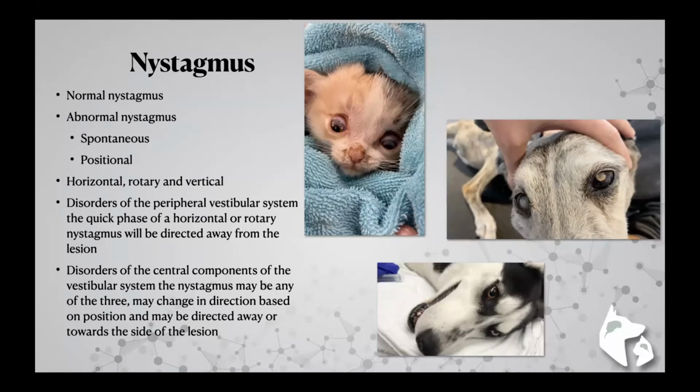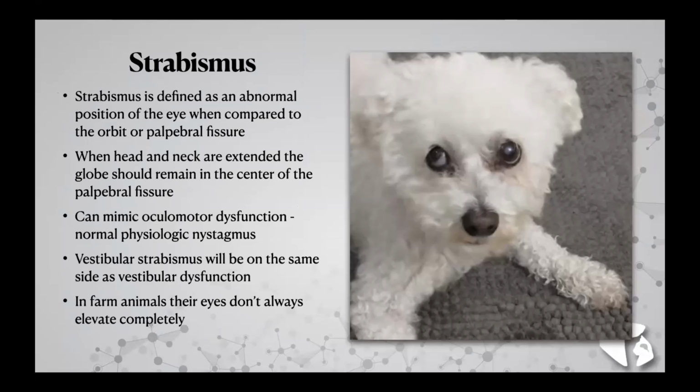All right. So strabismus. A strabismus is an abnormal eye position when compared to the orbit and the palpebral fissure. You can particularly see positional strabismus when the head and the neck are extended, because the globe should stay right in the middle of the eye.